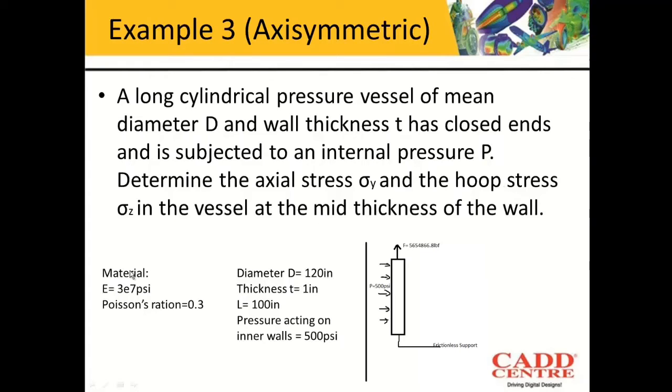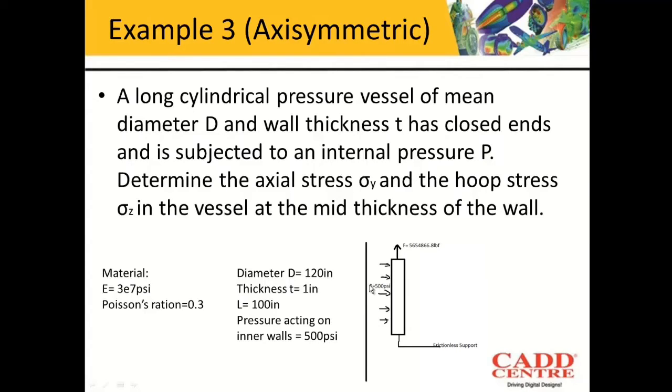The material that is going to be used for this analysis is a material that we have to create, whose Young's modulus is 3E7 psi and Poisson's ratio is 0.3. The mean diameter that is given is 120, thickness is 1 inch, length of the pressure vessel is 100 inches, and pressure acting on the inside walls is 500 psi.